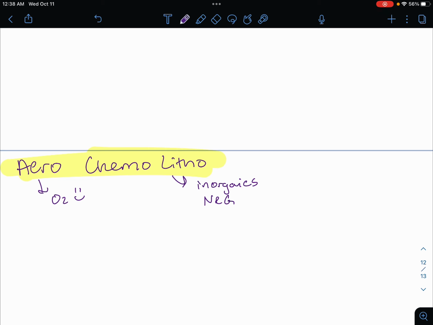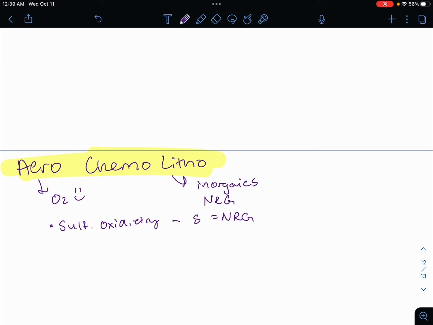Okay, so in this group we have sulfur oxidizing bacteria. Sulfur is the energy source, while H2S will also be another thing that they could use.